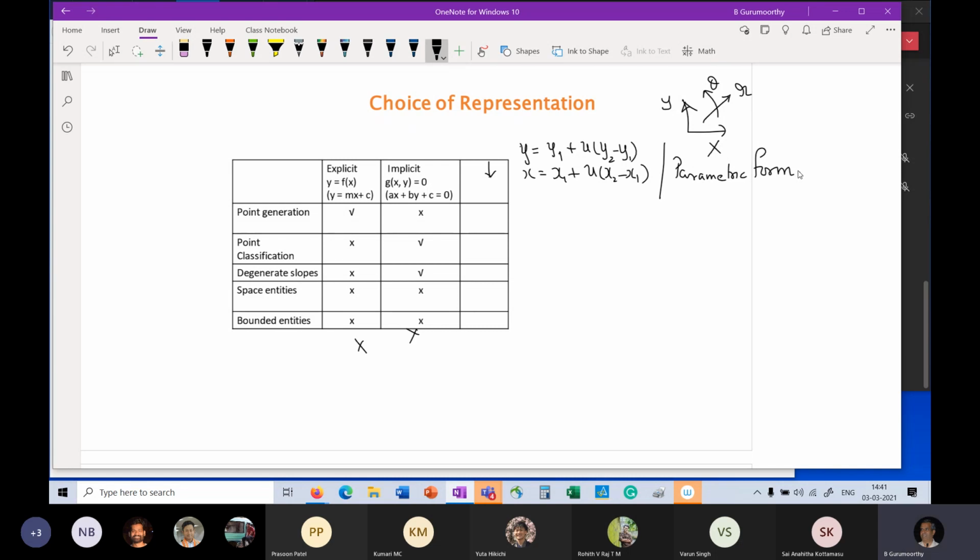You have seen a related form for the circle, which is x equals r cos theta and y equals r sine theta. This is somewhat similar to this form, because both forms are dependent on a single parameter. The parameter is u here, and the parameter is theta here.